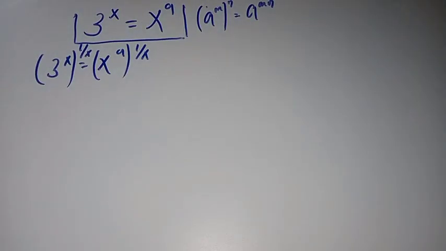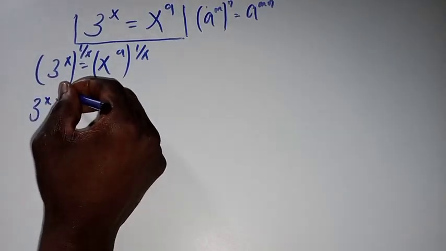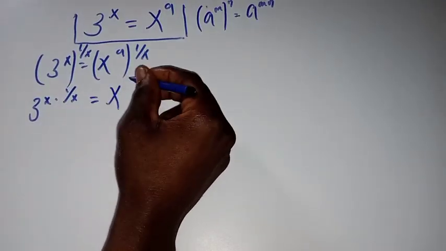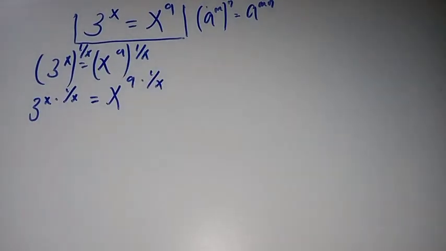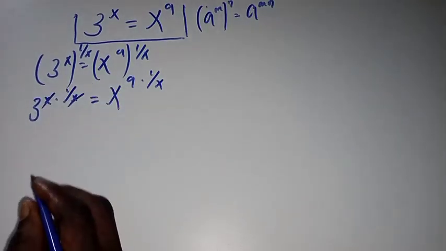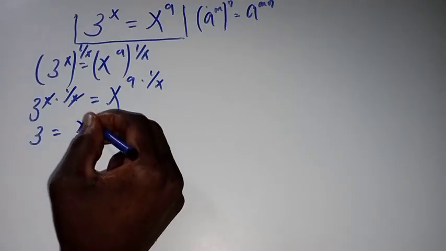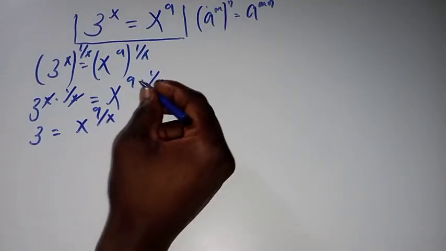So from here we can see that this is 3 to power x times 1 over x, which equals x raised to power 9 times 1 over x. All right, looking at the expression, this can cancel this, and then we have 3 equal to x raised to power 9 over x. If this multiplies this, you have 9 over x.